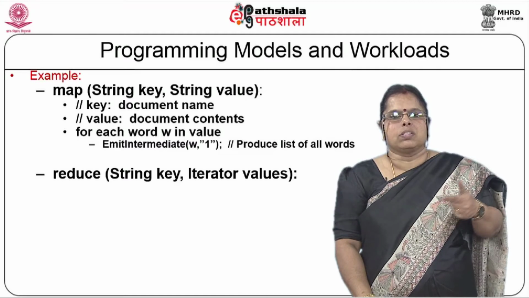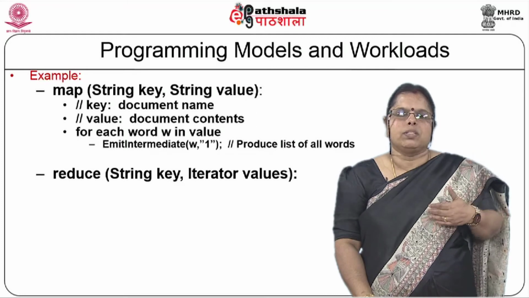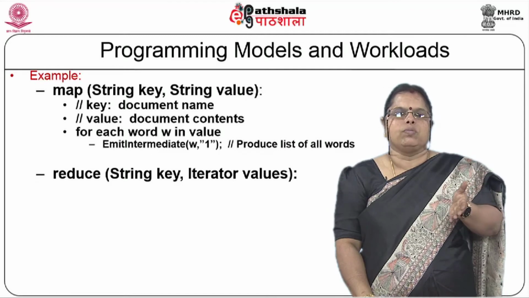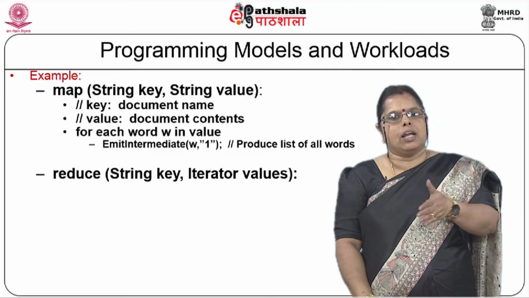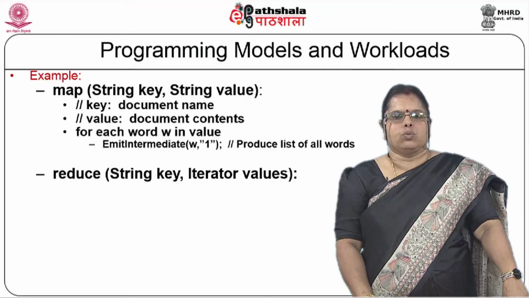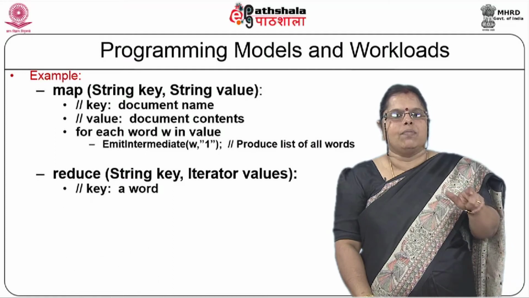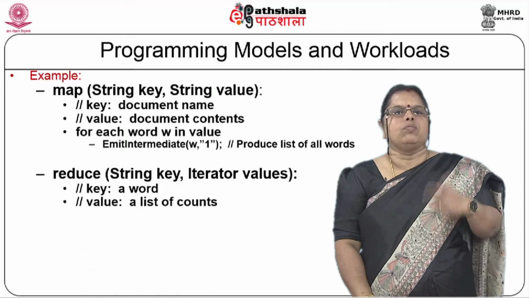All this is produced by means of the map process, and you may have multiple such mappers. Each one of these mappers will identify each one of these keys, and it will associate a value with it as 1. Now, what the reducer does is, it takes all these key value pairs and it basically has to count the number of occurrences of a particular word.